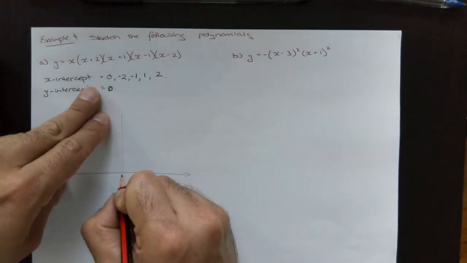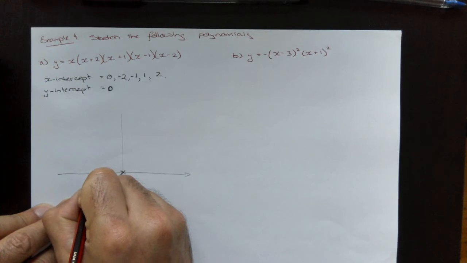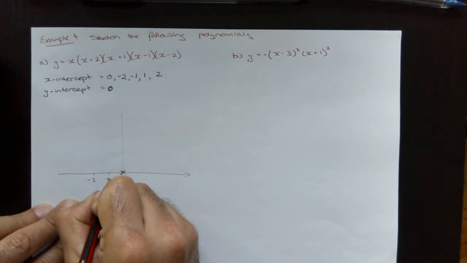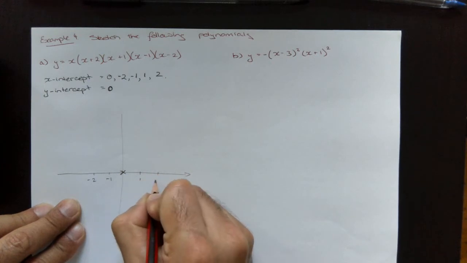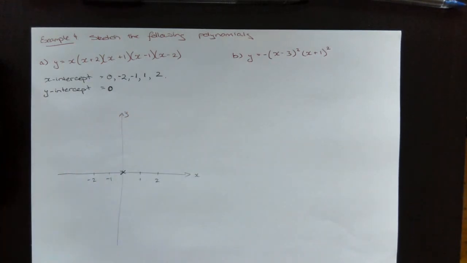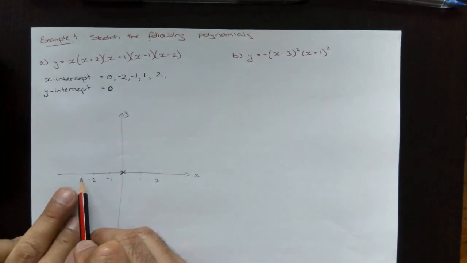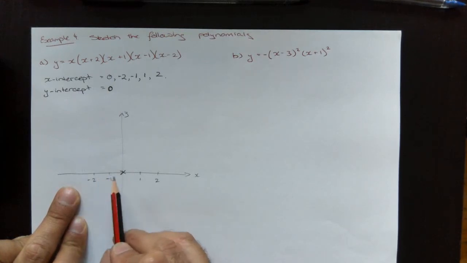So we've got the origin. It looks like we've got -2, -1, 1 and 2. Basically what we want to do is test the value of each side.